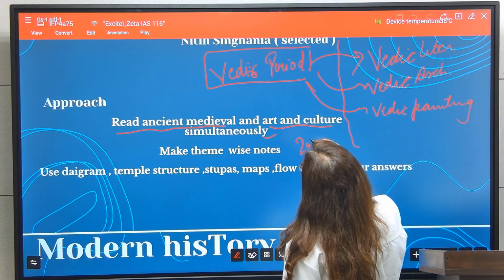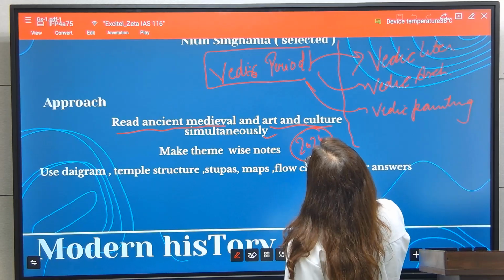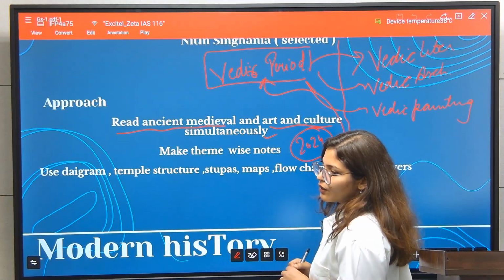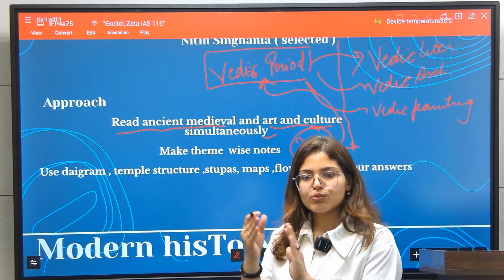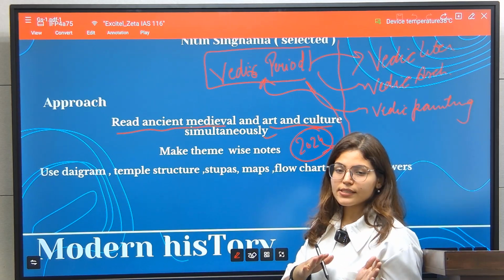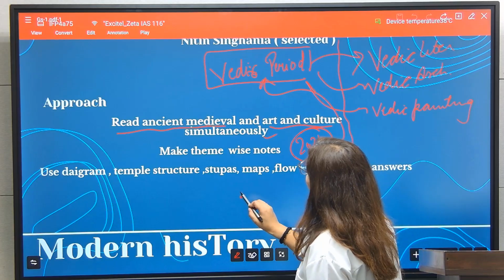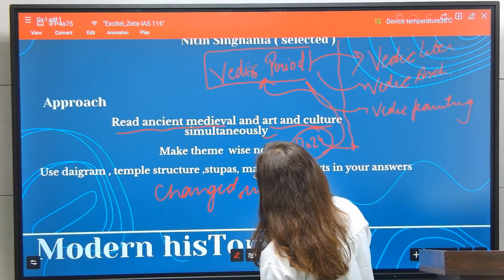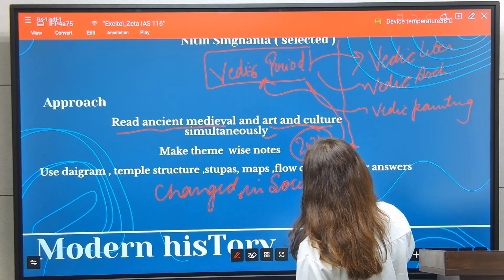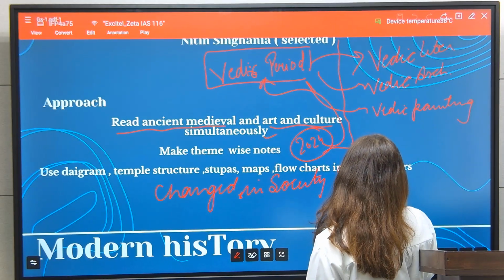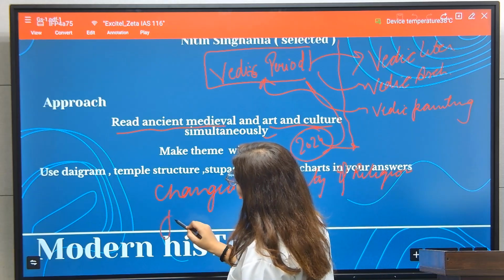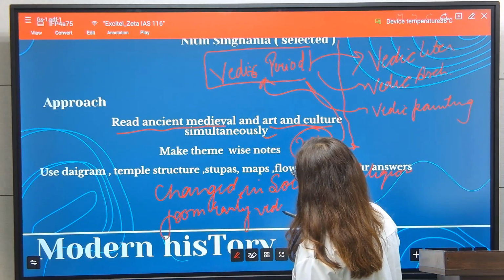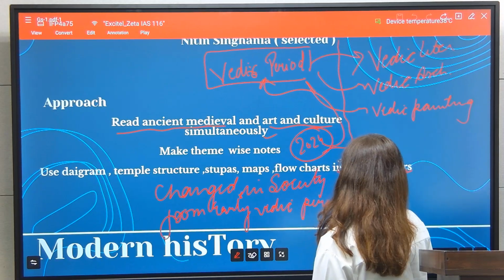Like in 2024, the question was on the Vedic period: how religion and society of the early Vedic period changed to the later Vedic period, or what are the changes in society and religion from the early Vedic period to the later Vedic period.